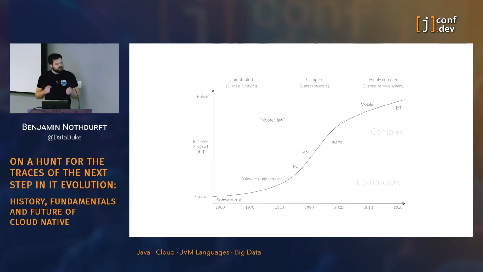You see the need for IT and how it is growing. So of course, we are in a software world, an IT world. The need and support is growing, but also in these business nervous systems, we get a lot more complexity than we had in the past.